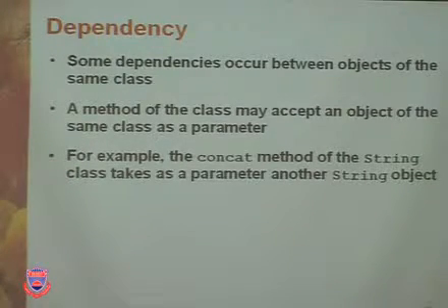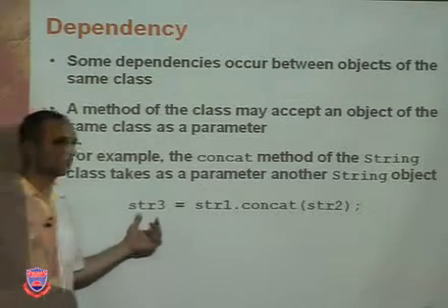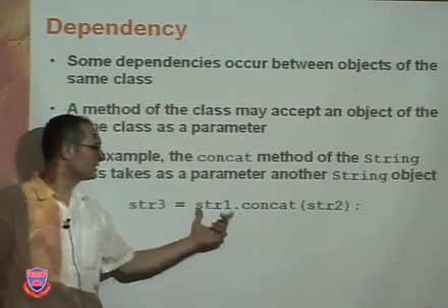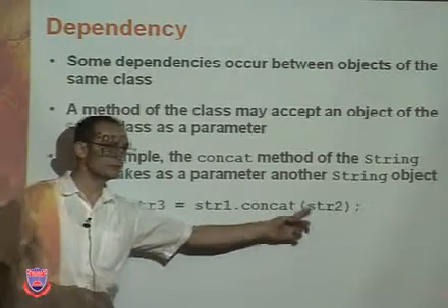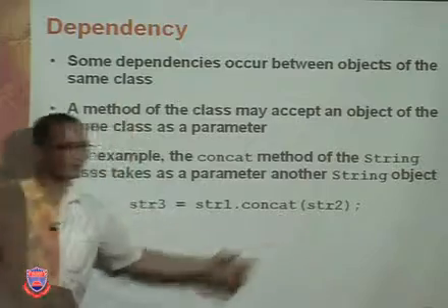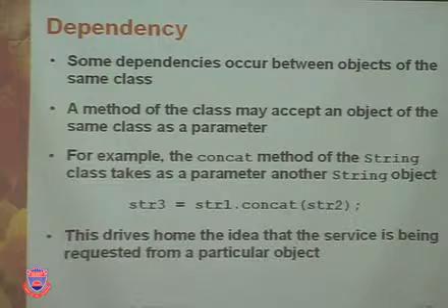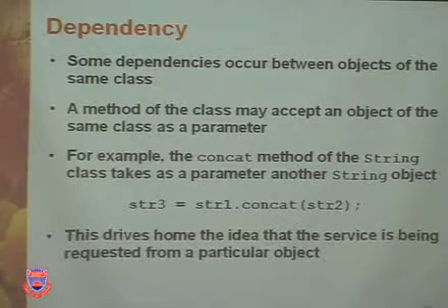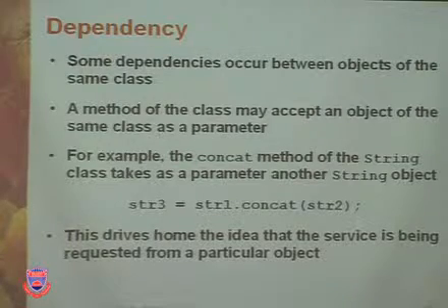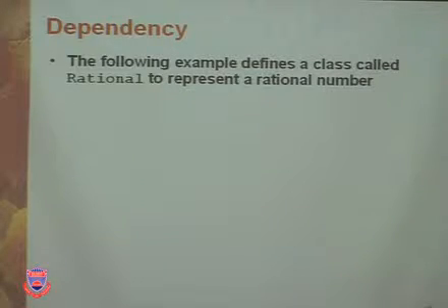If you remember concatenation in String, we have a dependency between the String class and itself. String 1's concatenation method uses another string as an argument, so the String class depends on itself. This is a dependency we have seen before. This drives the idea that the service is being requested from a particular object that you have in hand.